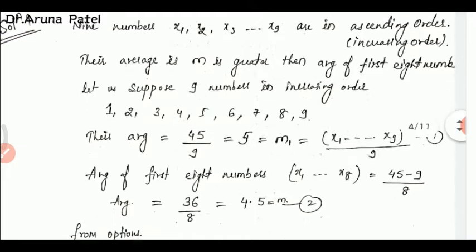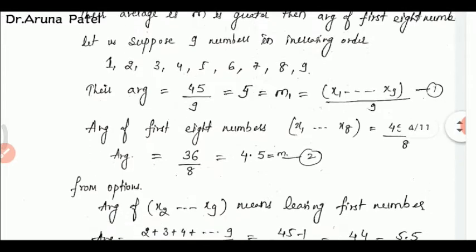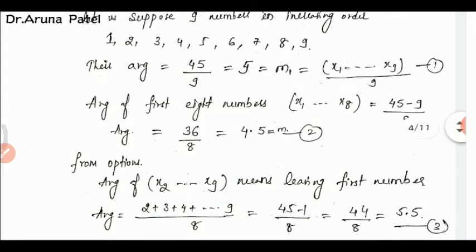On adding we get 45, and dividing by 9 we get 5, which is equal to the mean m given in the question. The next part is the average of the first 8 numbers, x1 to x8. On adding them we get 36, and dividing by 8 we get 4.5 as the mean. So the average of the first 8 numbers is 4.5.